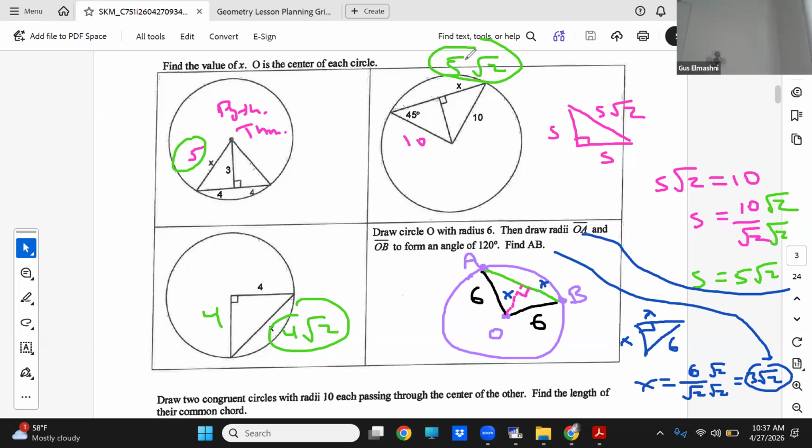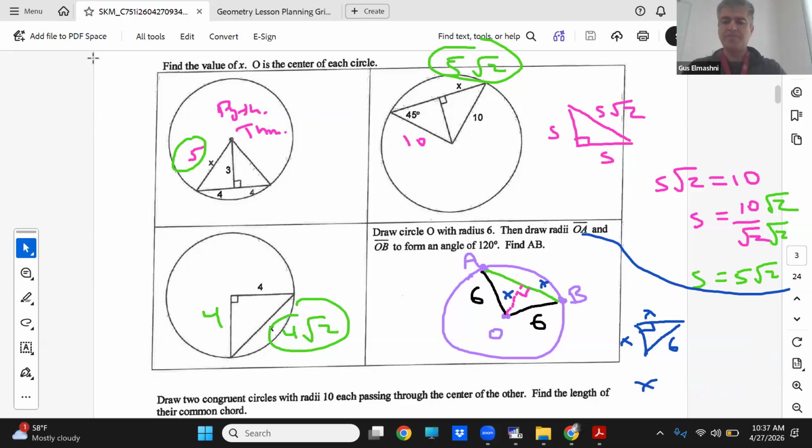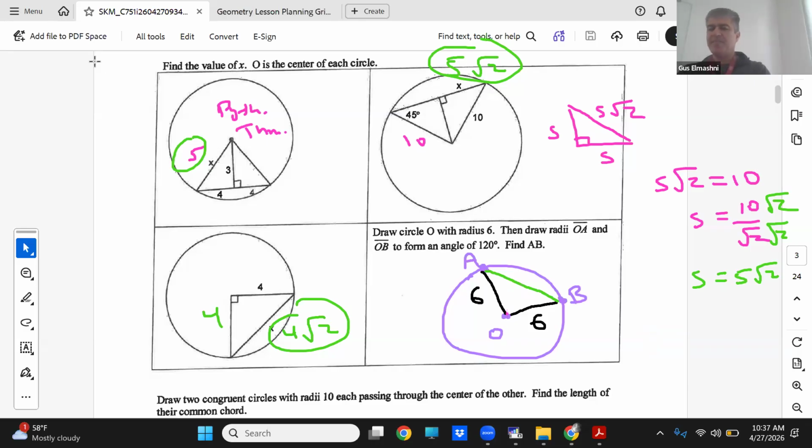Then 120. So actually, did I make a mistake with that one? Guys, I messed up. I just realized it. How about this? Does that work? Because it's 120, right? The angle between the two radii.